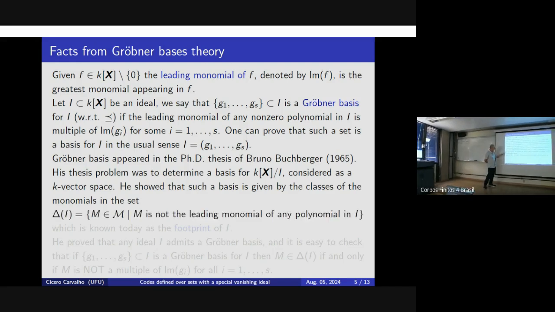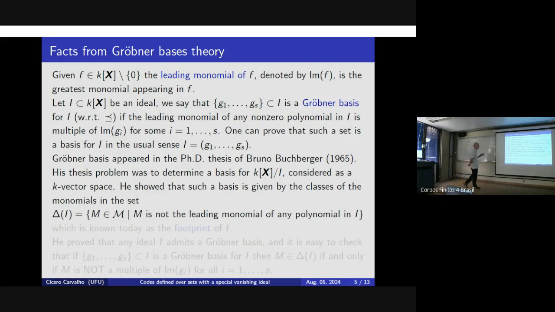You take the set of monomials which do not appear as the leading monomial of any non-zero polynomial in the ideal, and you take the classes of these monomials. This is a basis for that quotient seen as a k-vector space.